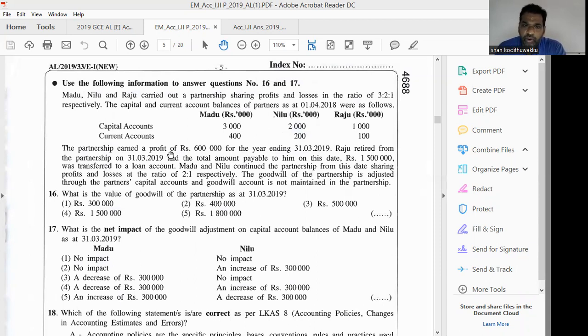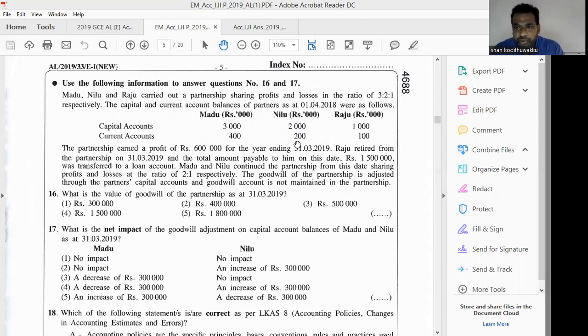Then you read the question, and you are given some details. In the appropriation account, we distribute the calculated net profit among the partners in different ways, like interest on capital, paying salaries to partners, and paying a share of profits to the partners.